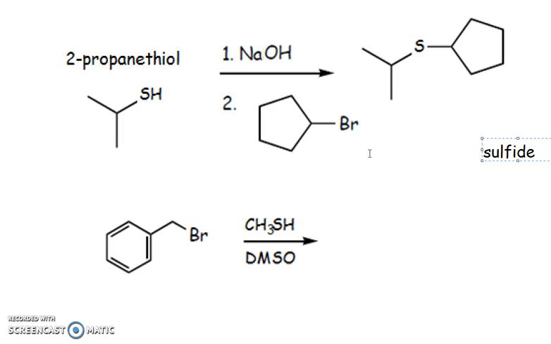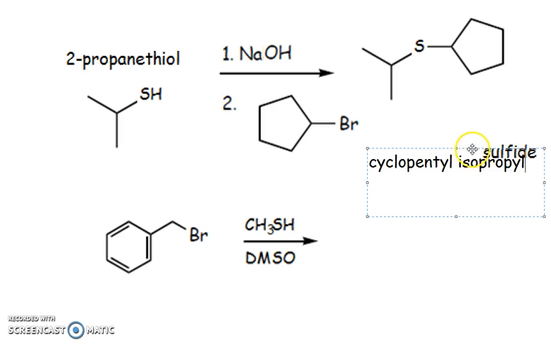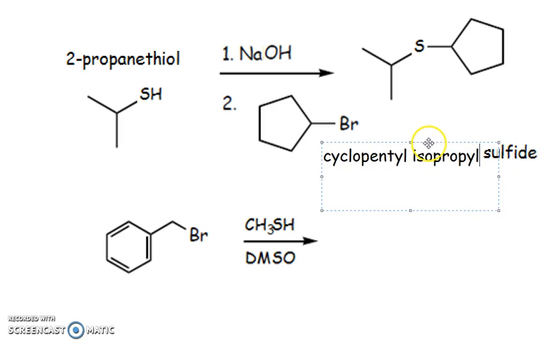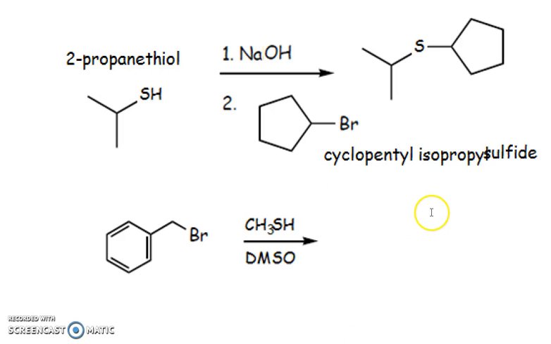So we put those in alphabetical order. So it will be cyclopentyl isopropyl sulfide. That looks messy, but you got it.